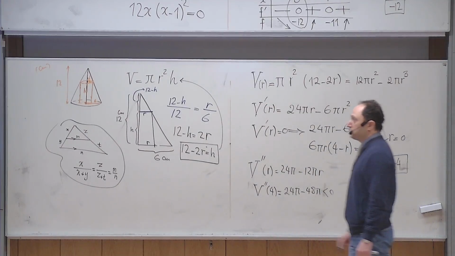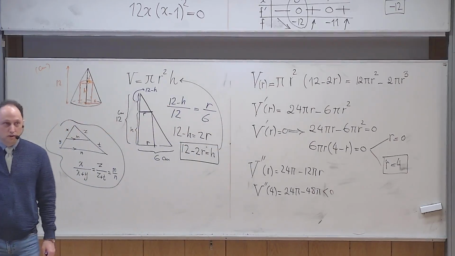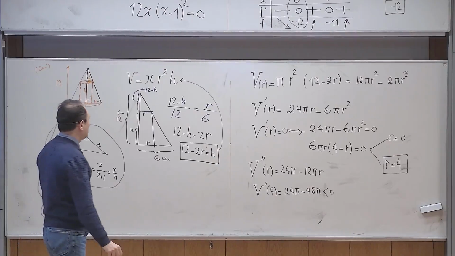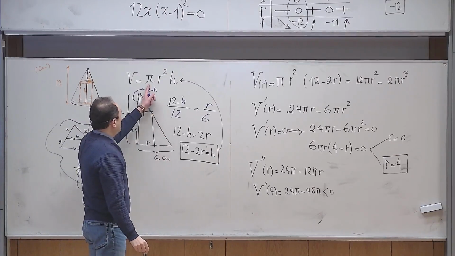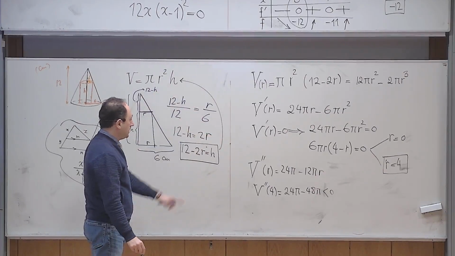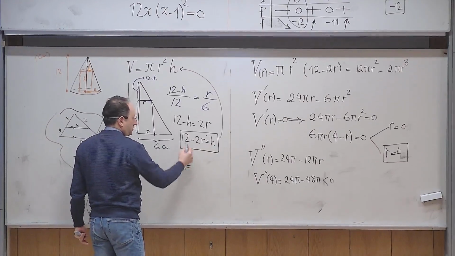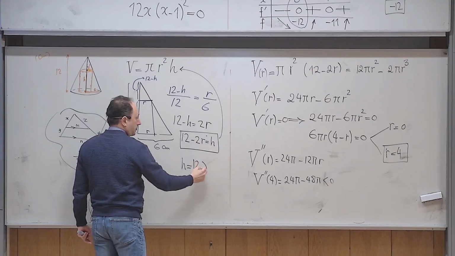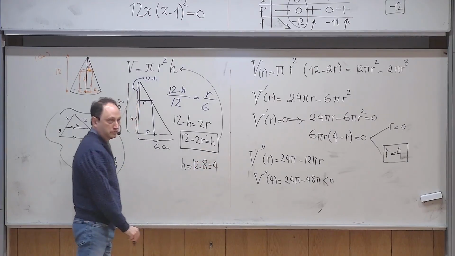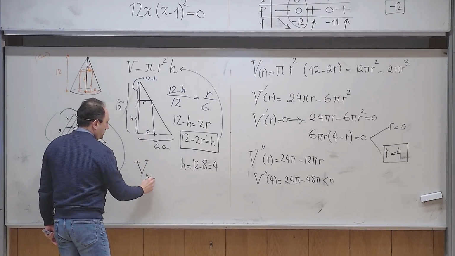But what is wanted in the problem? In the problem, the maximum volume is wanted. So you have to calculate the maximum volume. For the volume, you need r, you need h. R is 4. But what is h? I put it here. Yes? If I ask you what h is, what is h? 12 minus 2 times 4, which is also 4. And then I calculate V maximum. So V maximum is what?